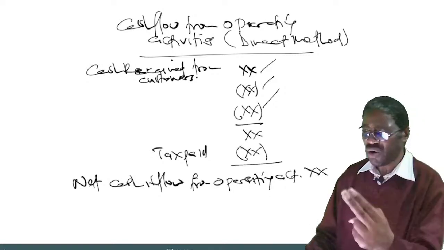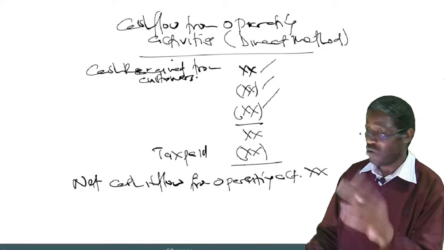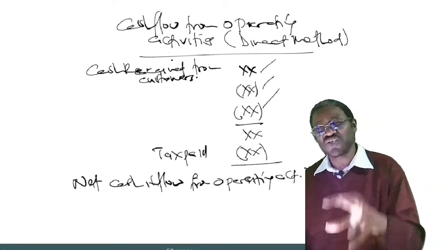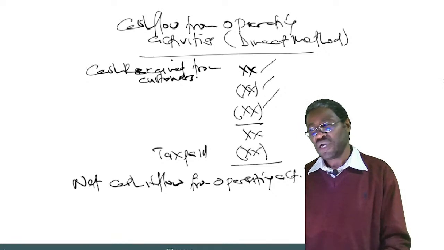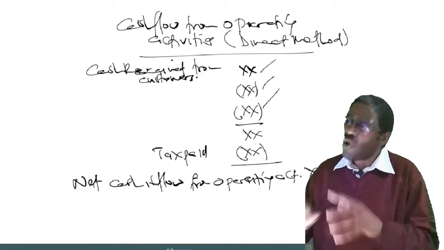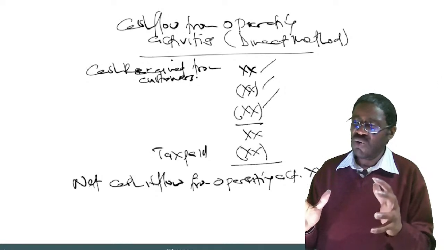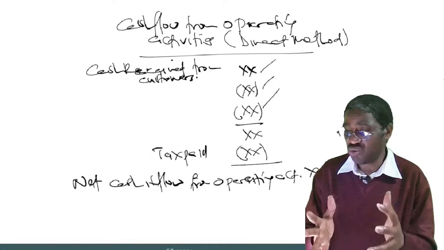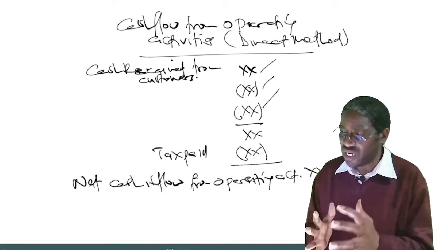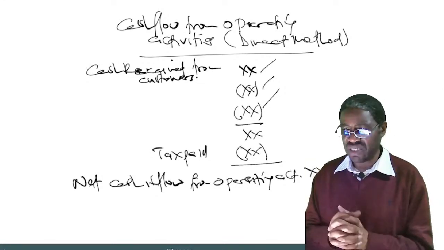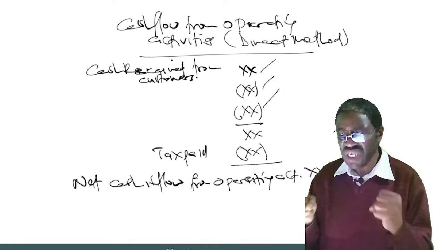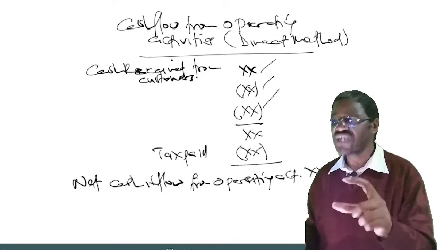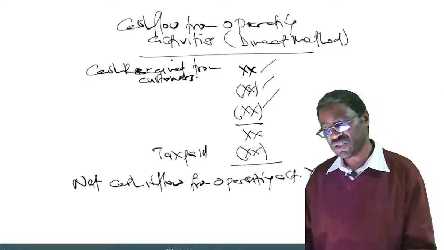You could have sold your goods on cash basis to your customers. So when I'm saying cash received from customers, we are asking ourselves, from all our customers, whether they are cash customers or credit customers who paid us later, how much did we receive from all of them? That's why we are calling it cash received from customers.